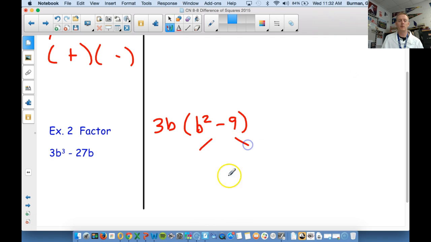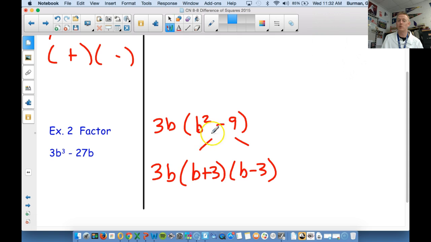So this turns into our two situations. We'll bring down our 3b, and that's going to get multiplied by b plus 3 and b minus 3. It's a b because it's the square root of b squared, and it's a 3 because it's the square root of 9. Because those were perfect squares, that's officially our answer.